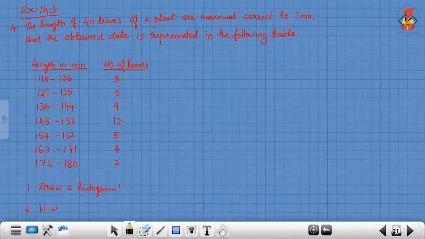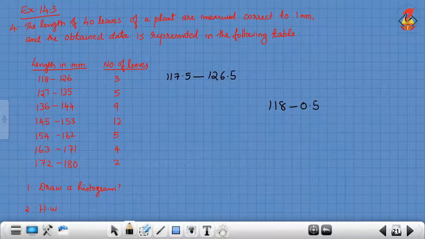Here 118 minus 0.5, what is it? 117.5. You write it there. Next here 126 plus 0.5, 126.5.